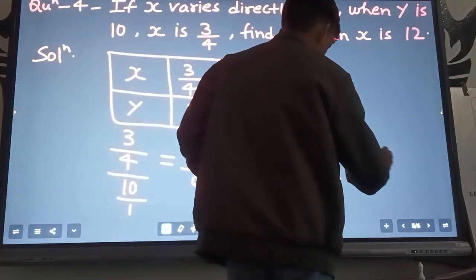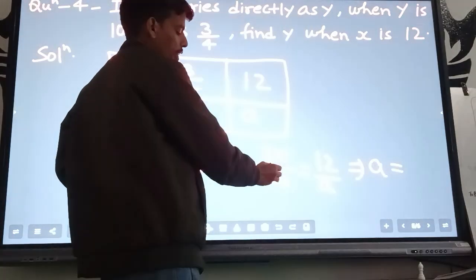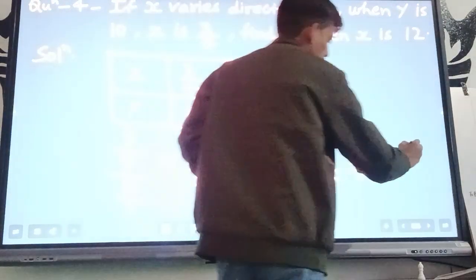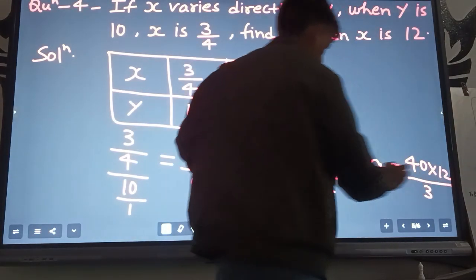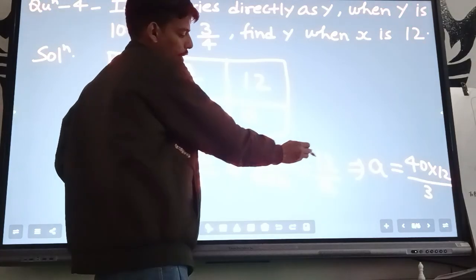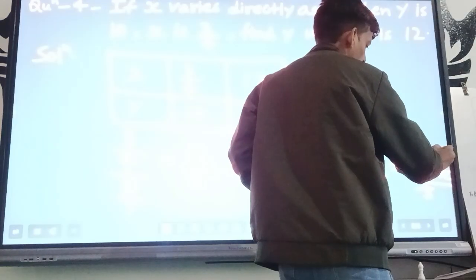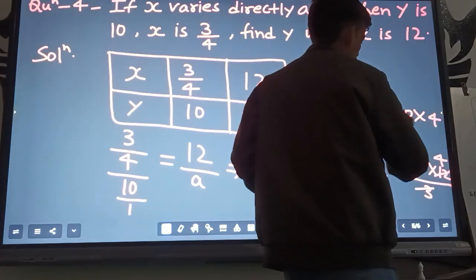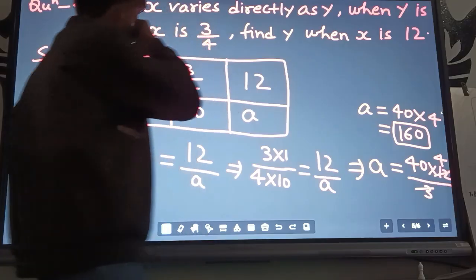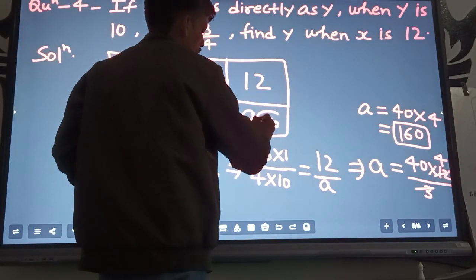Means a equals 4 into 10, 10 4s are 40, 40 into 12 upon 3. It is the value of a. And 3 4s are 12. So a equals 40 into 4, and it is equal to 160. 4 4s are 160. It is the value of a, 160.